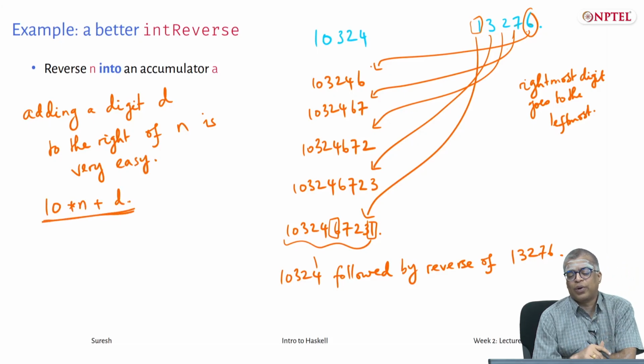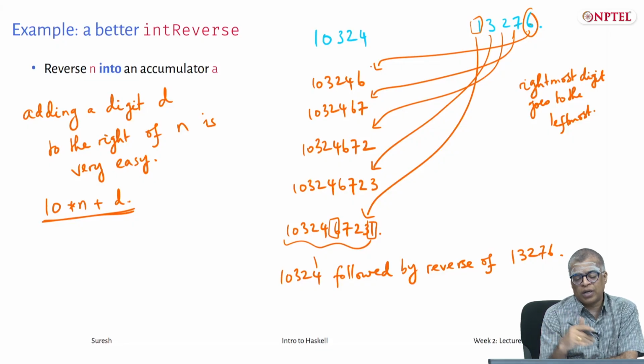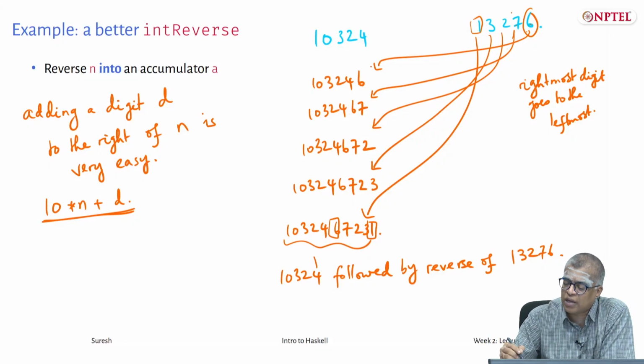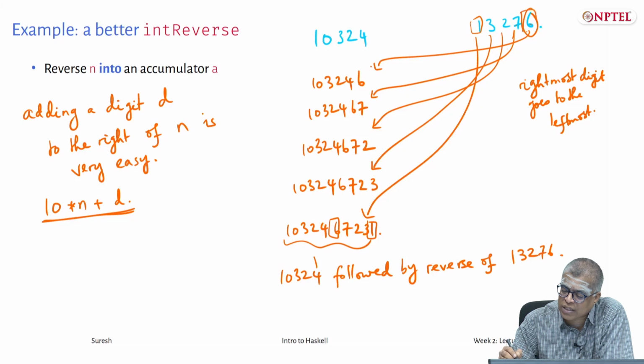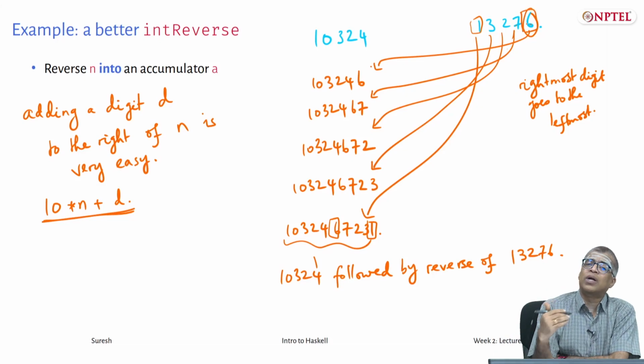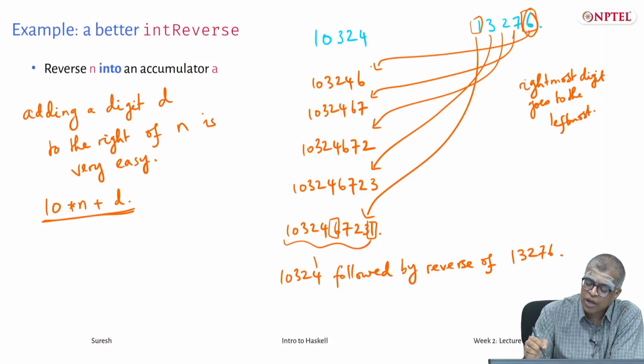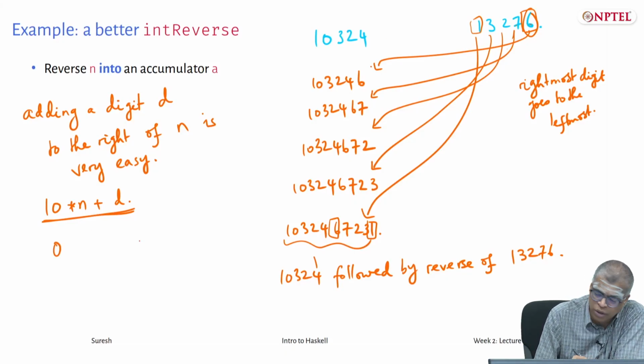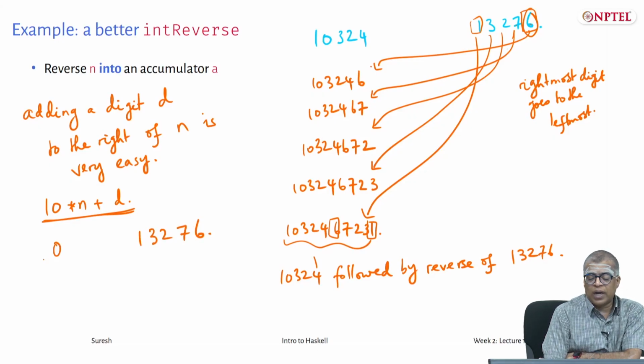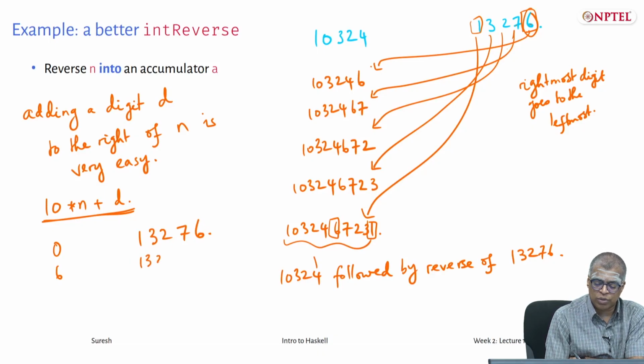So we will start with an accumulator and we will keep on doing 10 times n plus d, where d is what you get repeatedly by taking the last digit here. And now what is an appropriate accumulator to start with? 0, right? Because suppose you had started with 0 and then there was 13276 here, then if I do 10 times 0 plus 6, then I will get 6. And now let us say I knock this off, and I will get 6 and 1327.